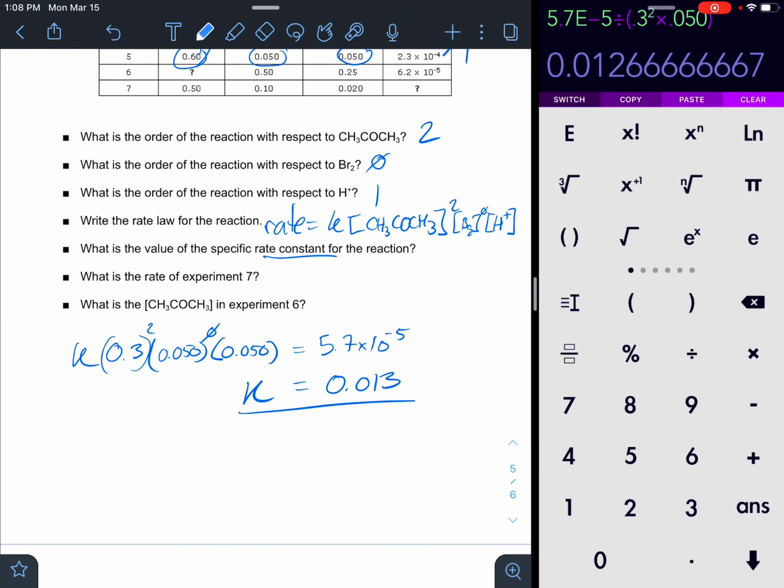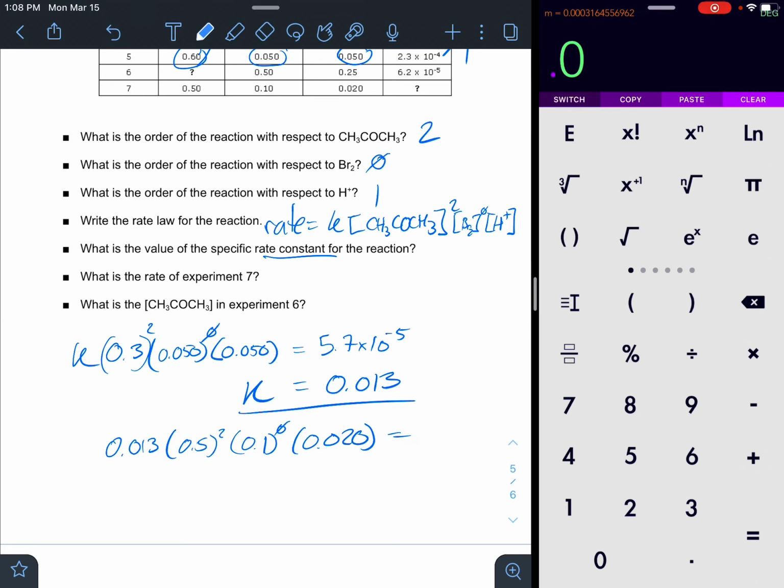So what's the rate in 7? All we have to do is take all of our values together. 0.013 times 0.5 squared. We can ignore the B. If you want to include it, you can, but the 0 will make it worth nothing. And 0.020 to the power of 1.